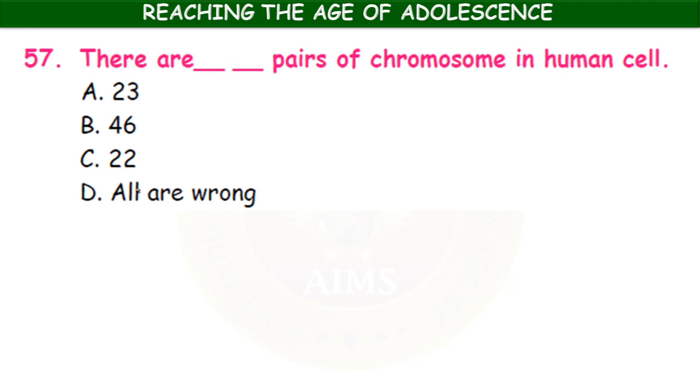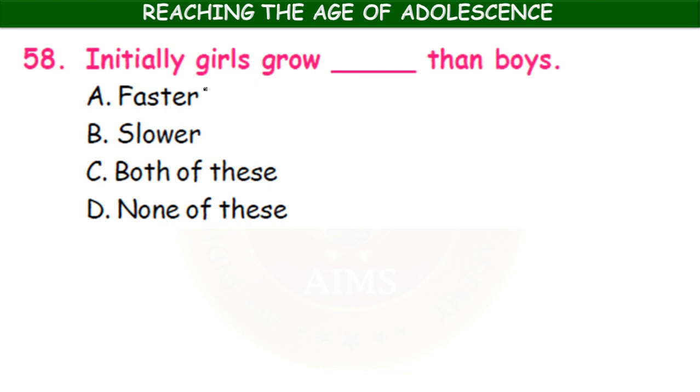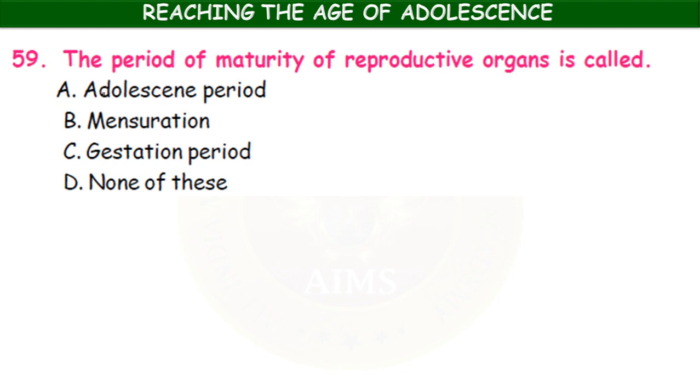There are dash pairs of chromosomes in a human cell: 23, 46, 22. So 23 pairs, out of which 22 pairs are autosomes and one pair is the sex chromosomes, X and Y. Initially, girls grow faster than boys.